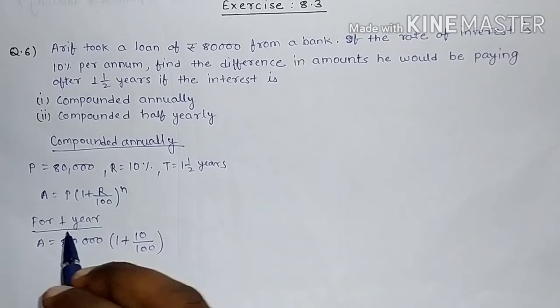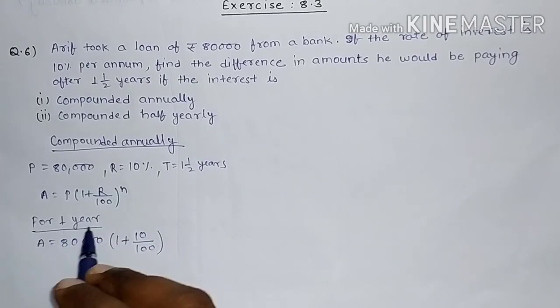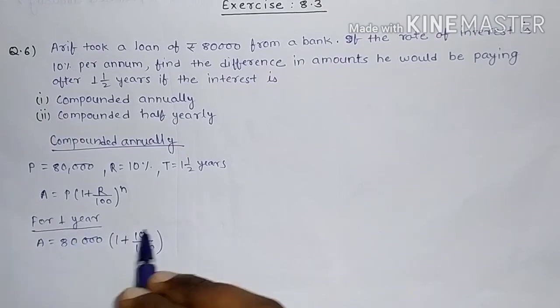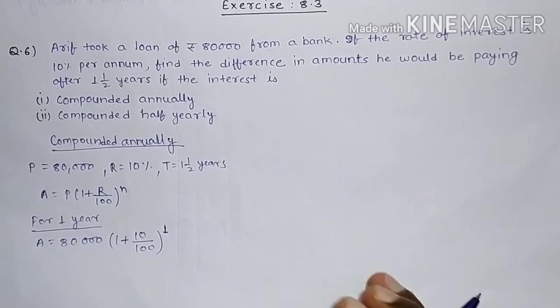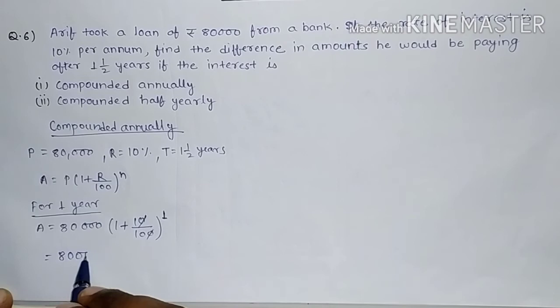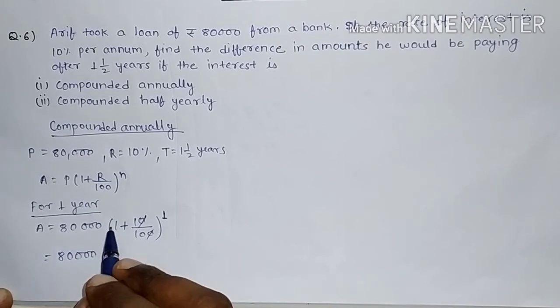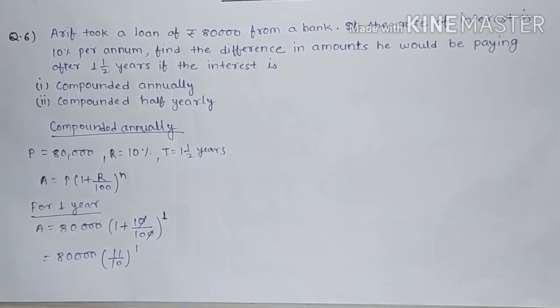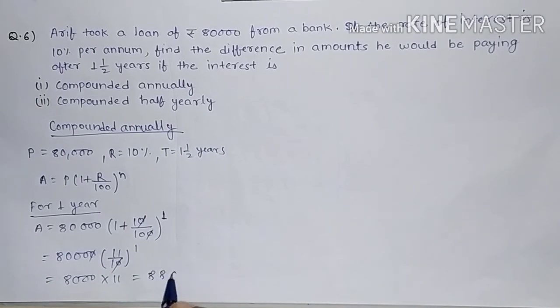N is time, and here we are going to find the amount for 1 year, so time will be 1. Now 0 and 0 cancel out, so just simplify it. So this is 80,000 into 10 plus 1, 11 by 10, so this is 11 by 10 to the power 1. Simplifying, 0 and 0 cancel out, so it will be 8,000 multiplied by 11. 11 times 8 is 88, so 88,000.